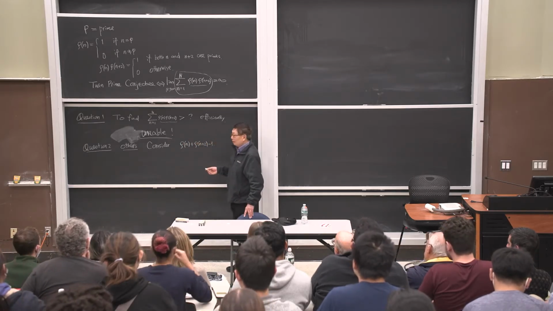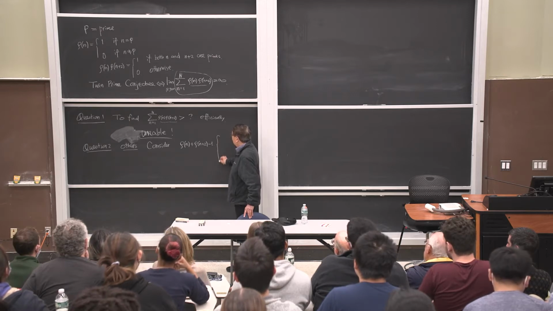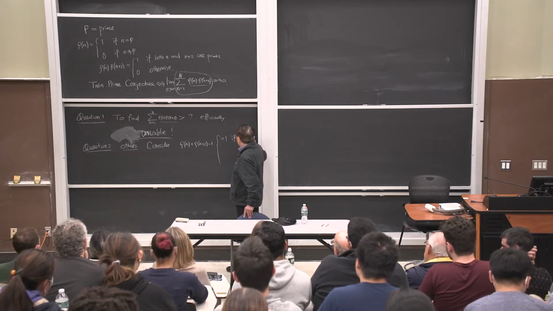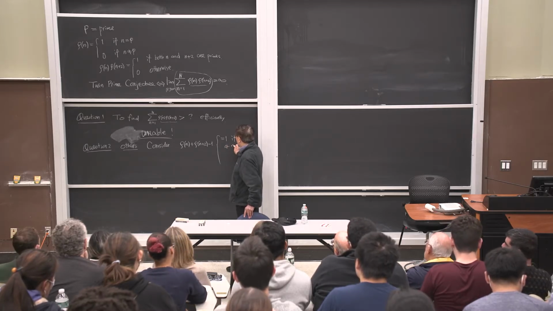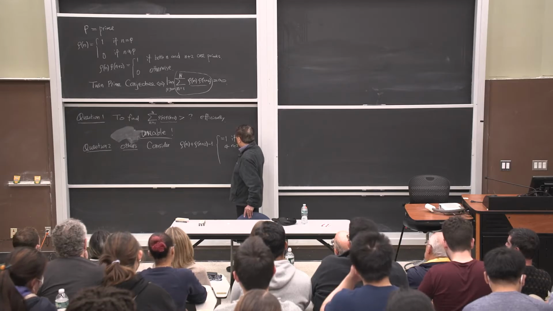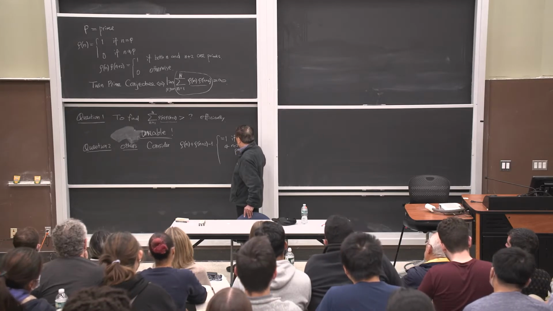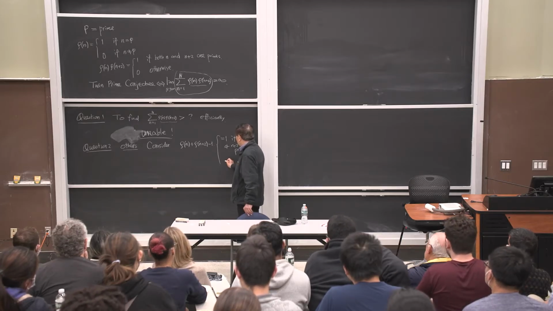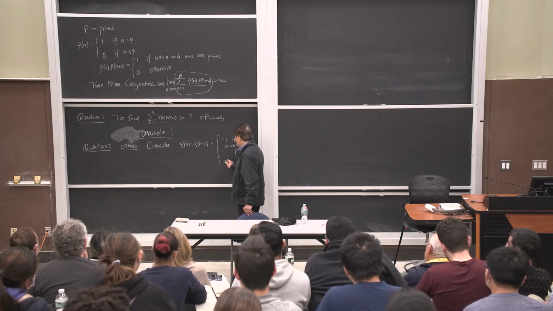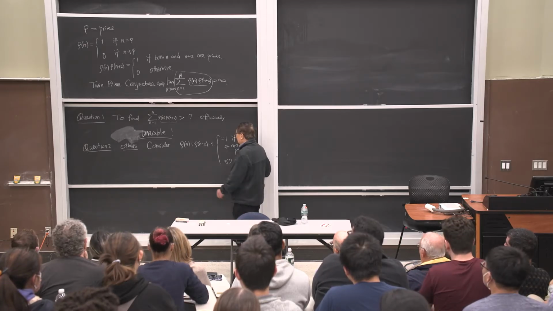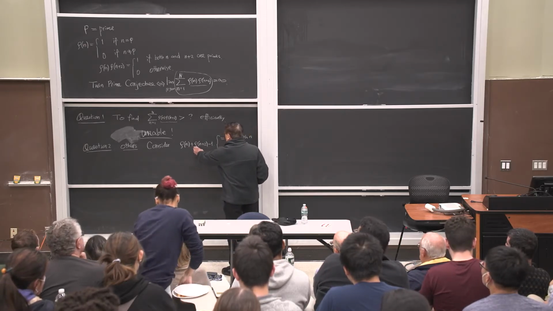This equals what? We know it is equal to 1 if both n and n plus 2 are primes. Otherwise, if one is a prime, it is minus 1.